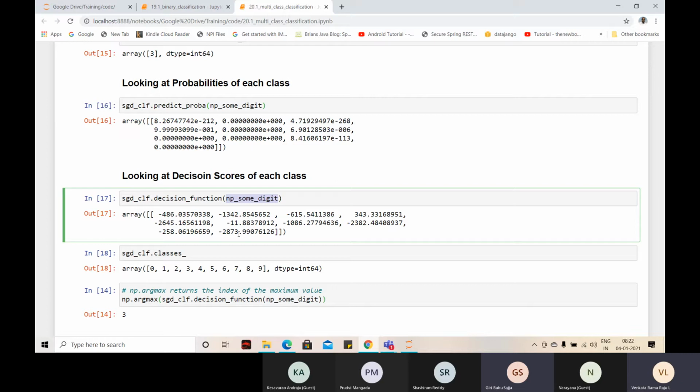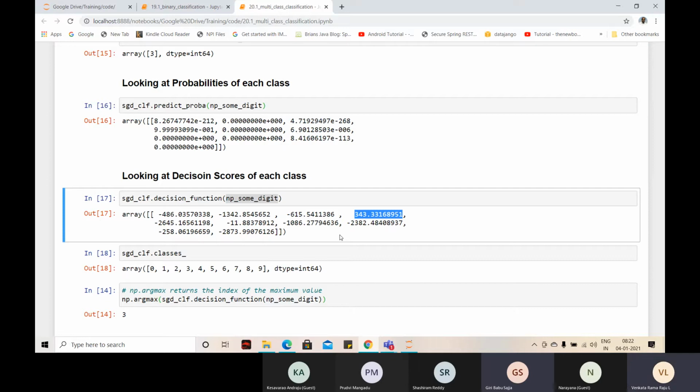Yes, sir. So for some classes it's a very small negative value, for some it's a positive value, and some are very high negative values. That's how it's distributed.